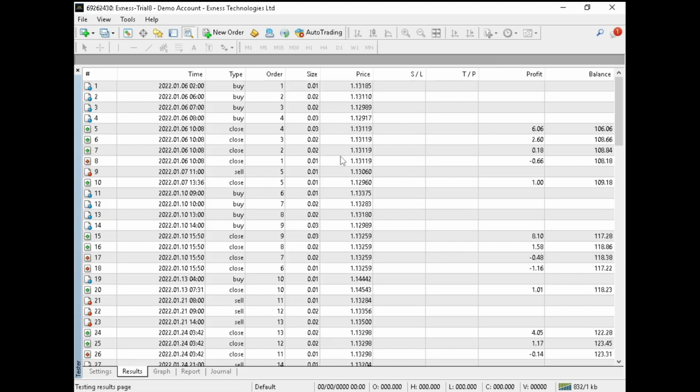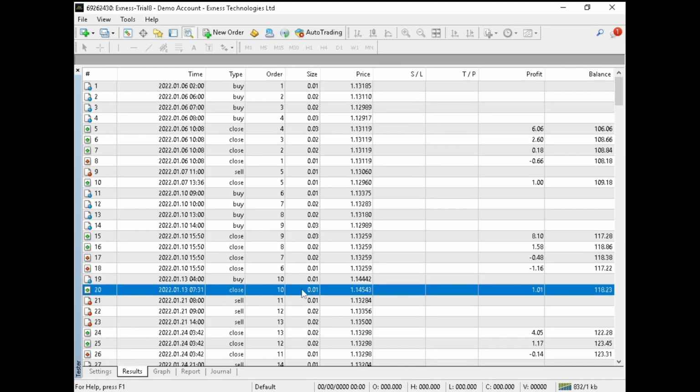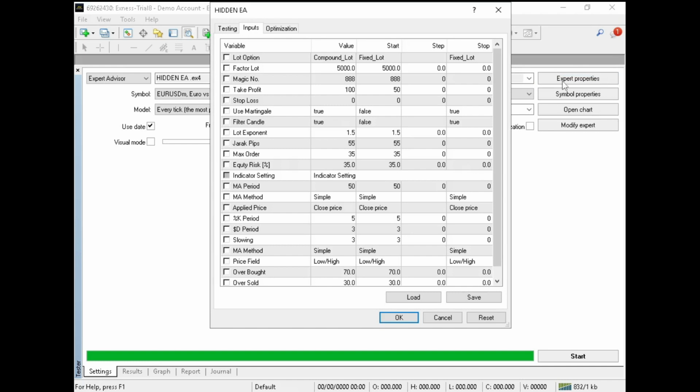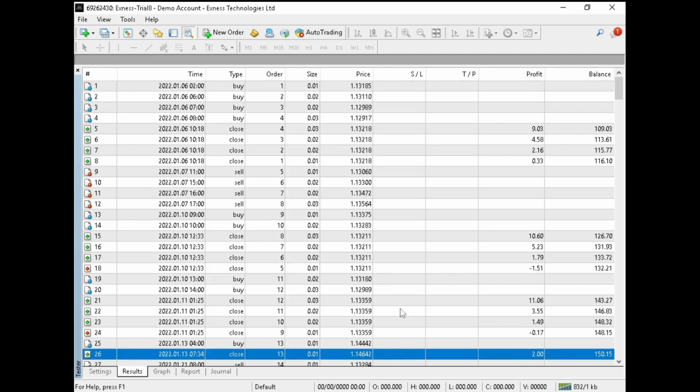And if it is converted to dollars, the take profit is $1. And if it is changed to 200, the take profit is $2.